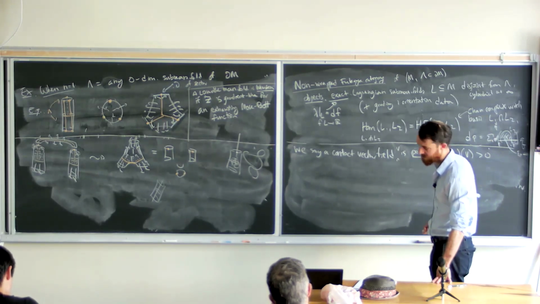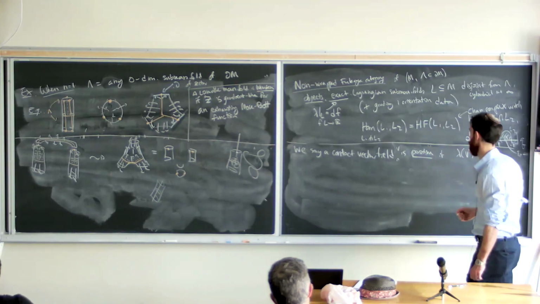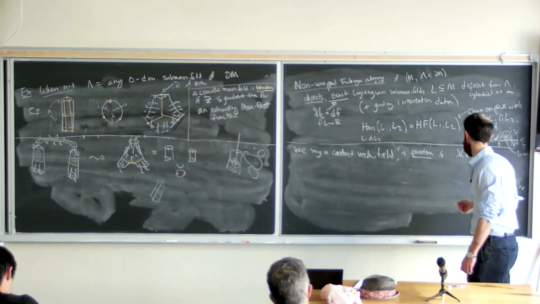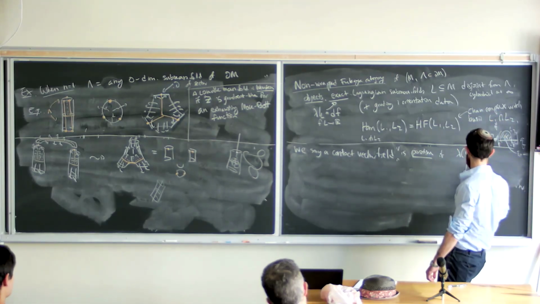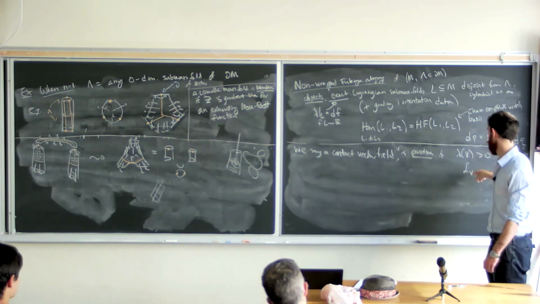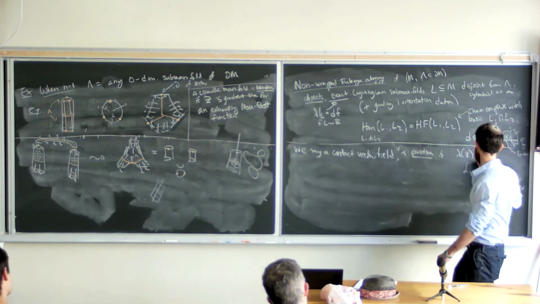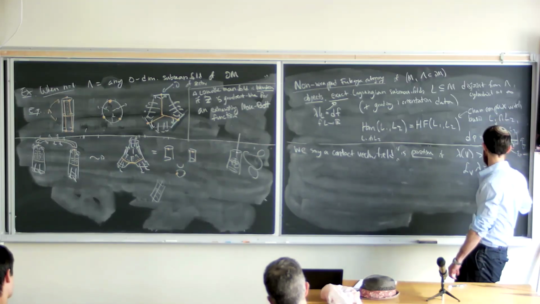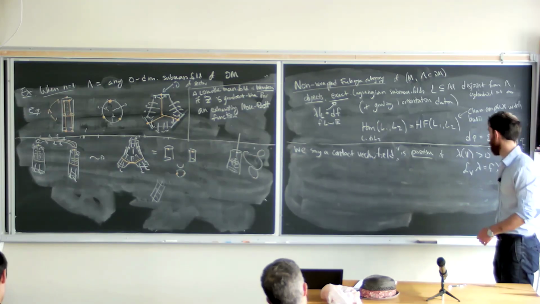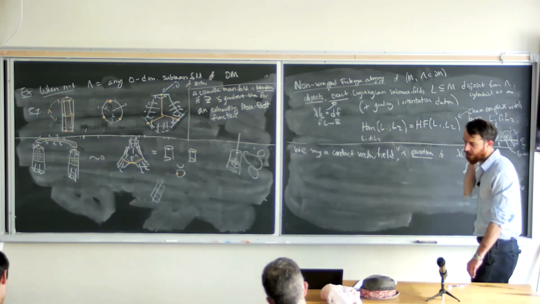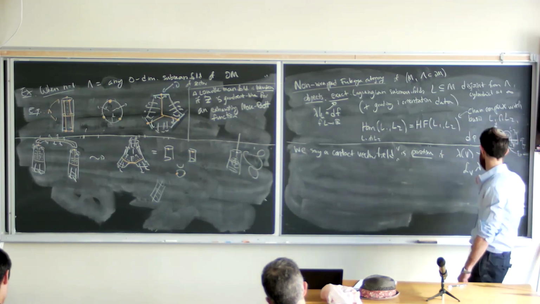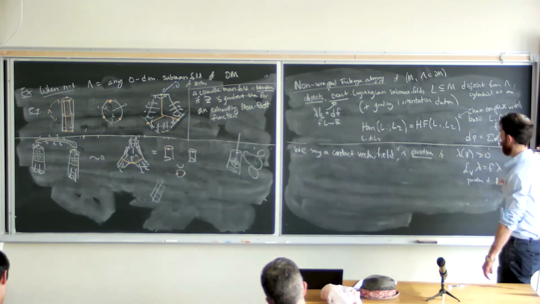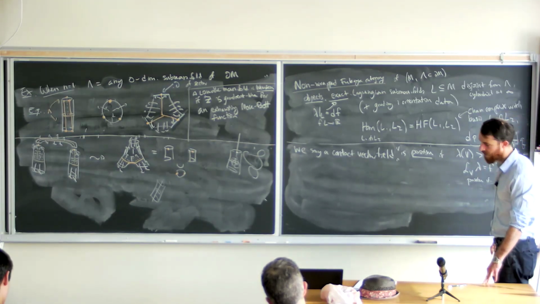There's a correspondence between positive vector fields on a contact manifold and positive functions. What it means to be a contact vector field is that if I take the Lie derivative of the contact form, it preserves it up to multiplication by some function f, which might be positive or negative. We say that the vector field is positive if this function f on my contact manifold is positive.